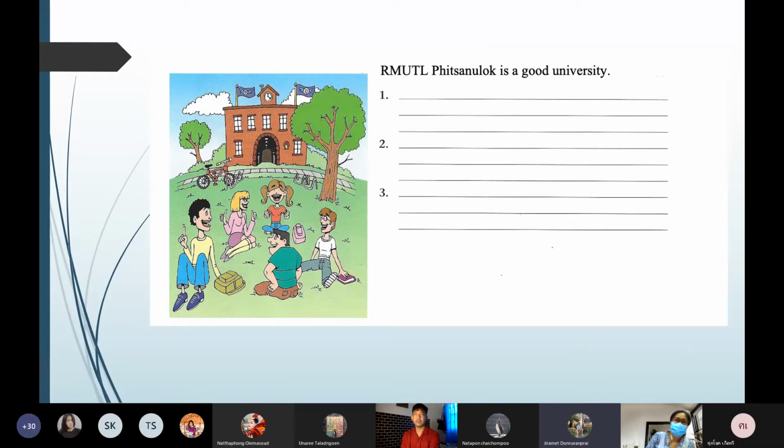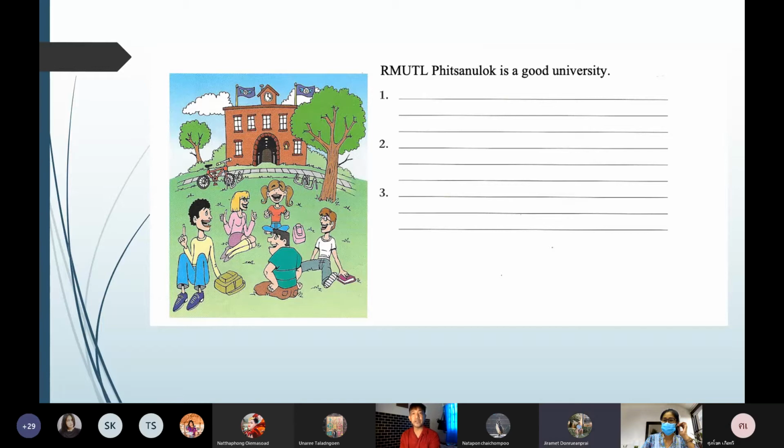There is a clean environment. First, clean environment. So let me just repeat now. RMUTL Phitsanulok is a good university because it has a clean environment. Okay, now let's give some examples.